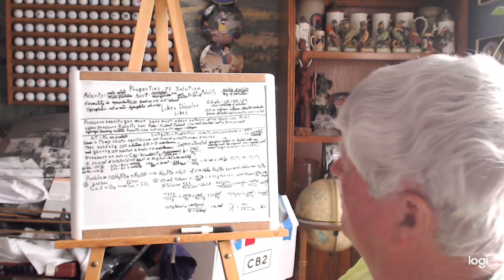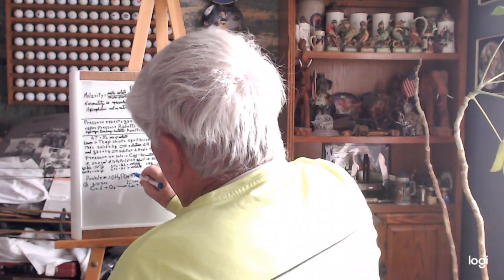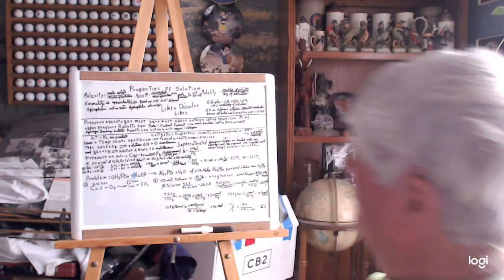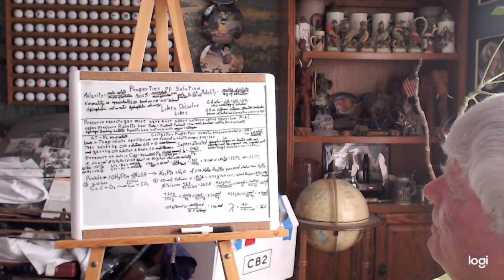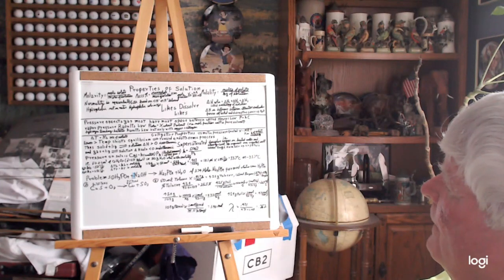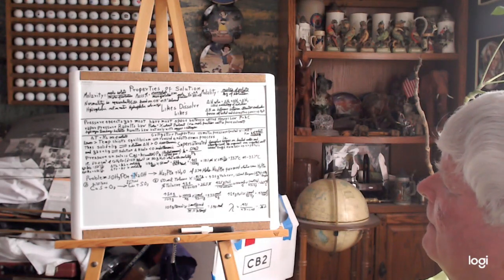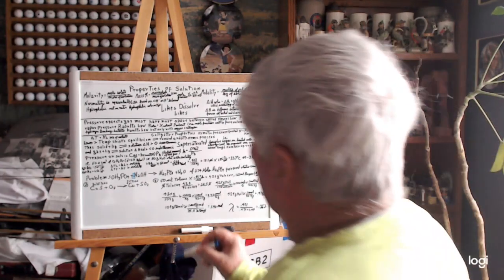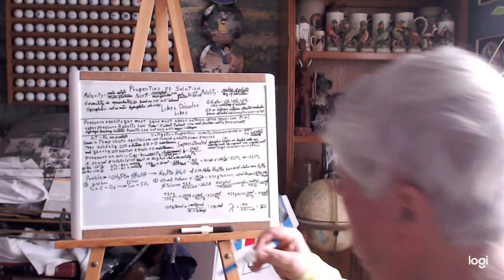You got 3 of them, and you put a 3 over here in front of the sodium hydroxide, and now you got 3 sodiums and 3 sodiums. You got 1 phosphate, 1 phosphate. You got 3 hydrogens and 3 hydroxides, which of course gives you 3 waters. So over here, you just put a 3 in front of the water and you're balanced.